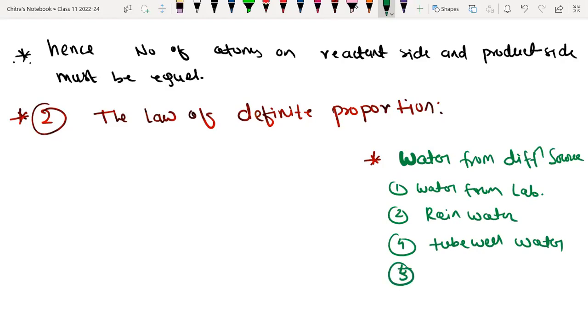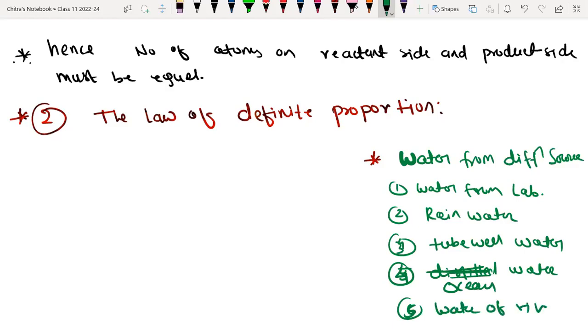Fourth, distilled water, which is nothing but the laboratory one, or you can select any sample, or instead of that you can have ocean water. And the fifth, water of river.